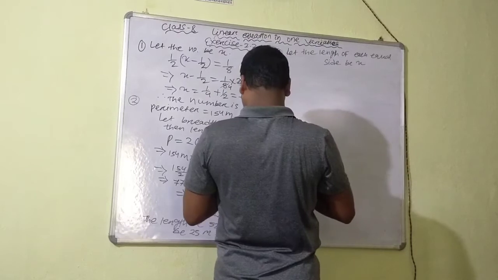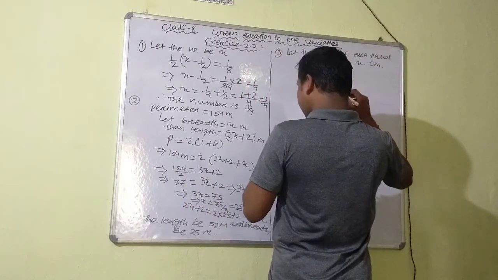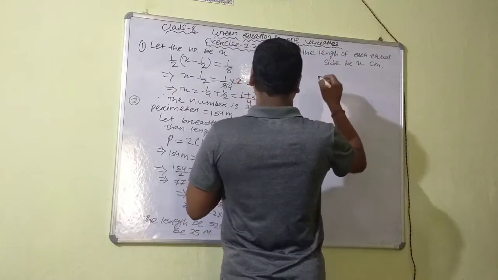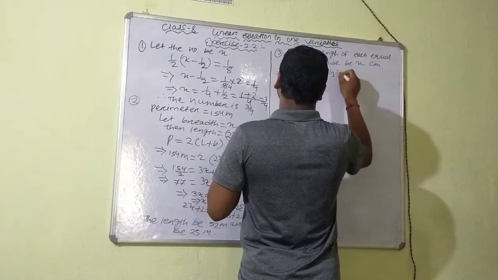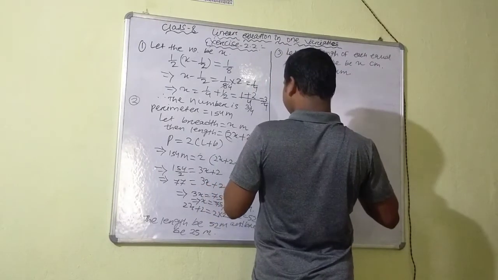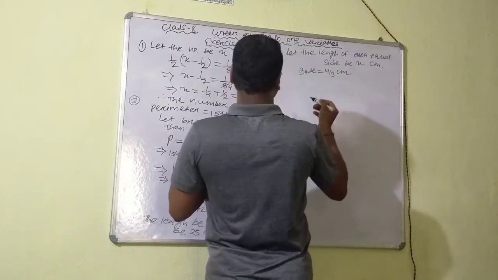Okay, and it's given here, base is 4 by 3 centimeter. Base equal to 4 by 3 centimeter, and perimeter is given as 4 whole 2 by 15 centimeter.